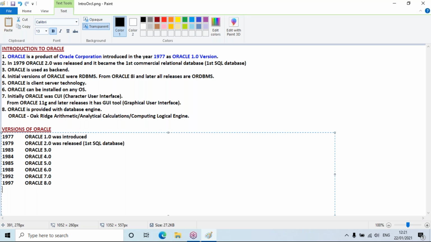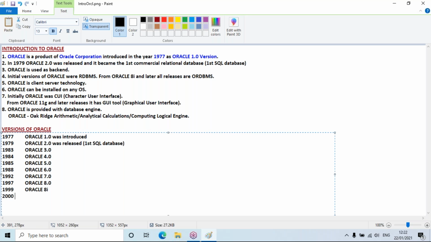Then there was a drastic change from 1999, where Oracle Corporation introduced internet related concepts in Oracle 8i, with internet related features.